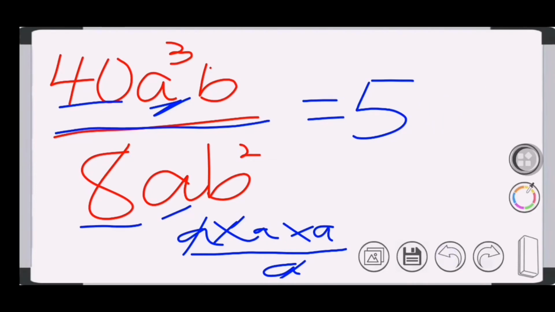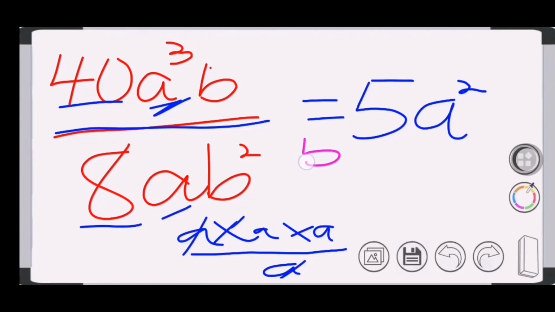Let us look at the b's. We are going to have b on top over the denominator, which is b squared, which is b times b. So what happens here? The b on top cancels one of the b's down here. So we are still left with a b.